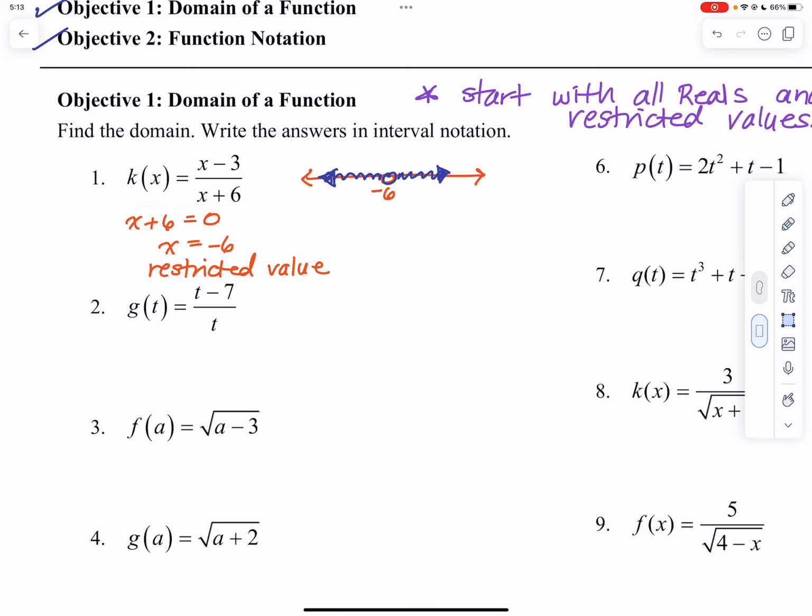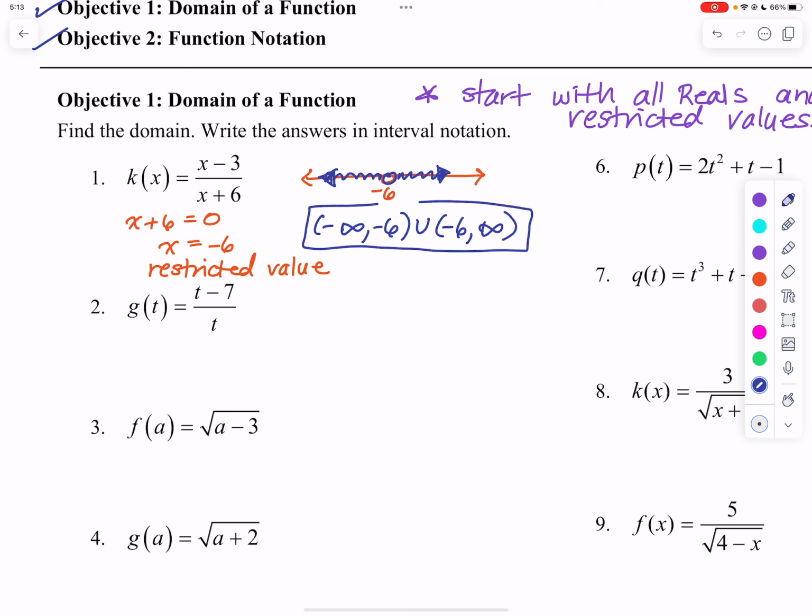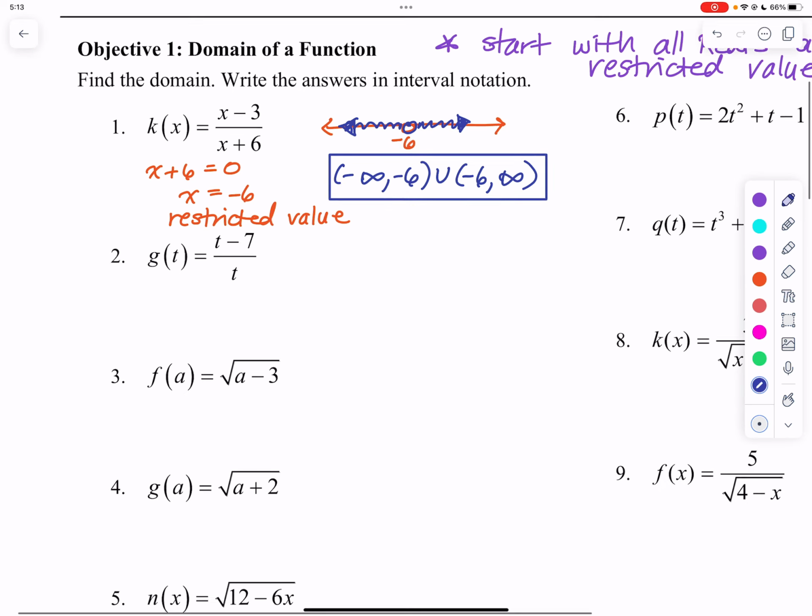And now we will write it in interval notation. We have -infinity to -6, and then we'll start on the other side of -6 and go all the way to infinity. And this is the domain of that function in number 1.